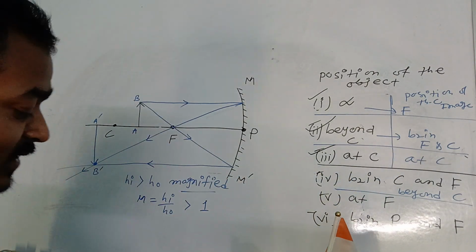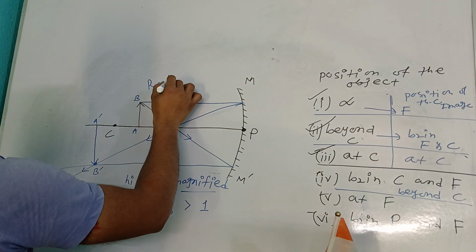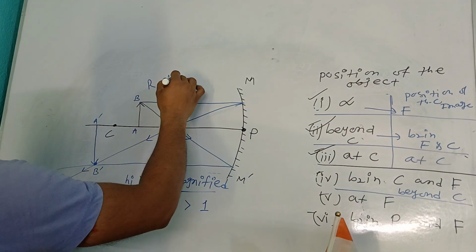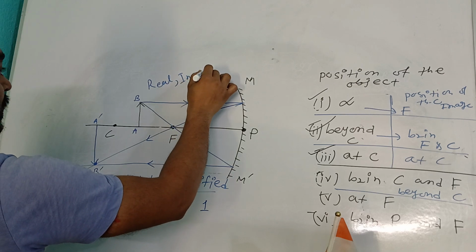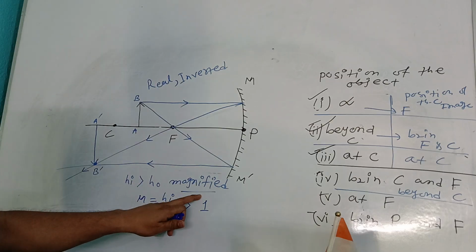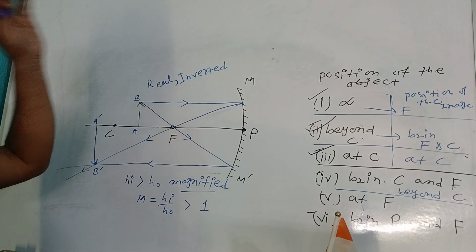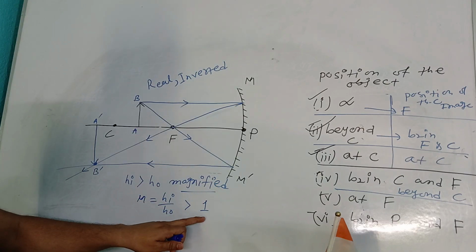Real or virtual? Real. Inverted or erect? Inverted. So magnified, real, inverted. Magnified means magnification greater than 1.